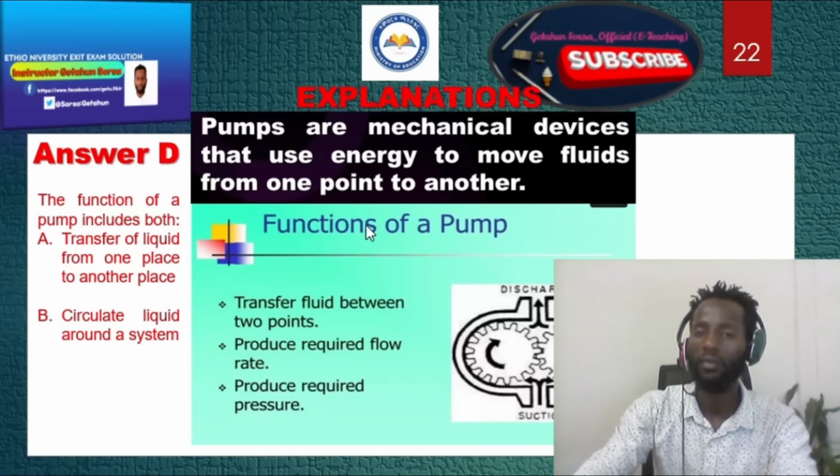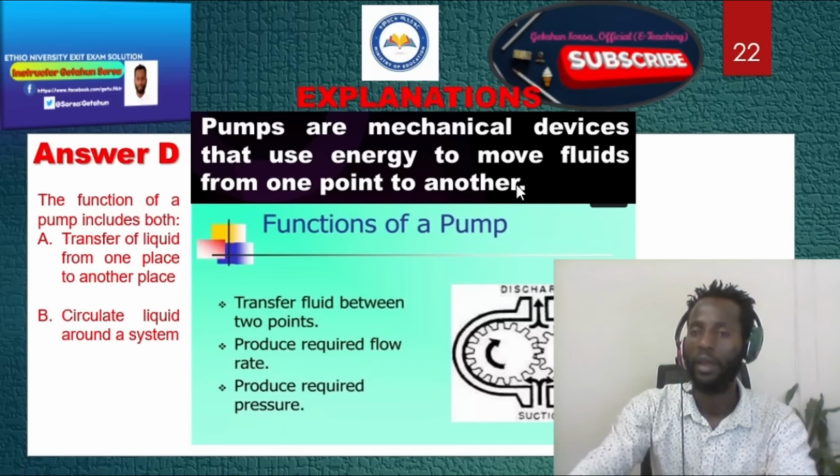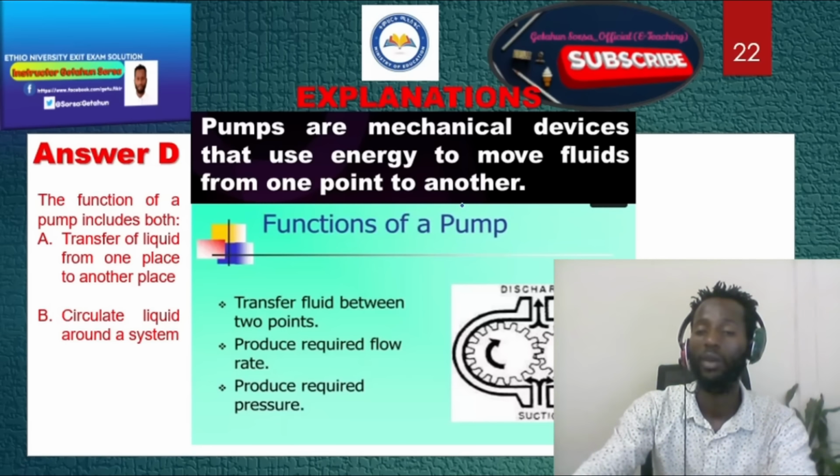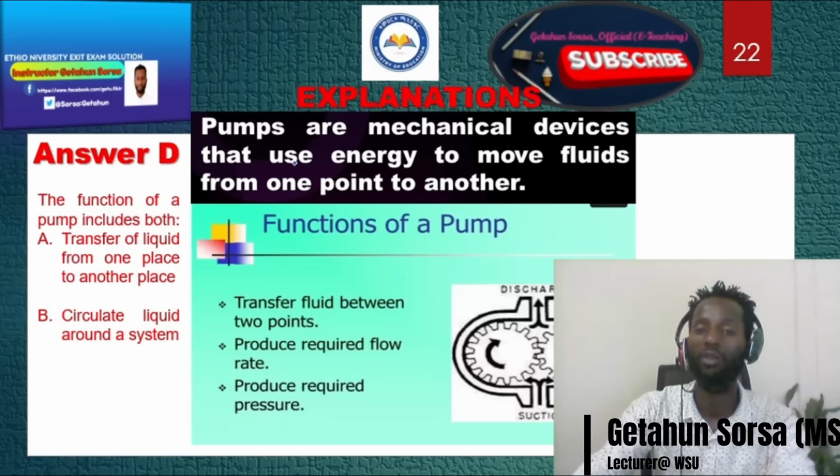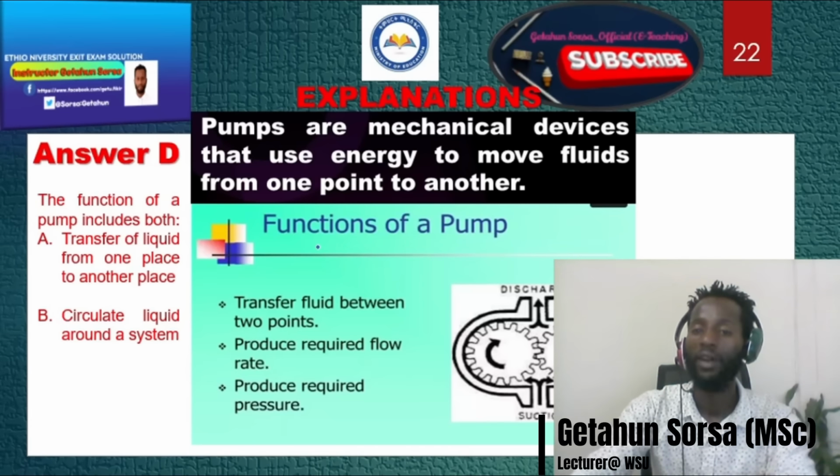Pumps are mechanical devices that use energy to move fluid from one point to another. This is the definition of a pump. The primary functions of pumps are to transfer fluid between two points, to produce the required flow rate, and to produce the required pressure.